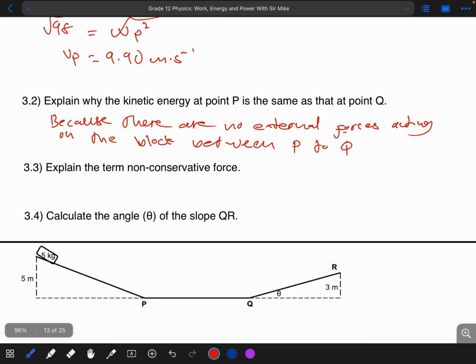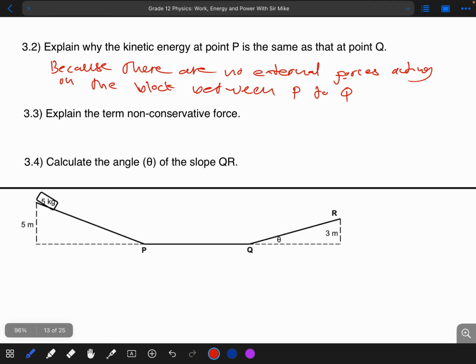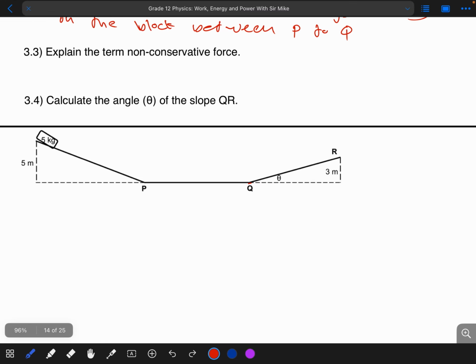So for 3.4, they said to calculate the angle theta of the slope QR. What we are going to do now is not going to be easy, as calculating that theta is not going to be straightforward. But what we must notice is that as our object is traveling, as it is sliding up that incline until point R, the only force acting on that object would be the frictional force.